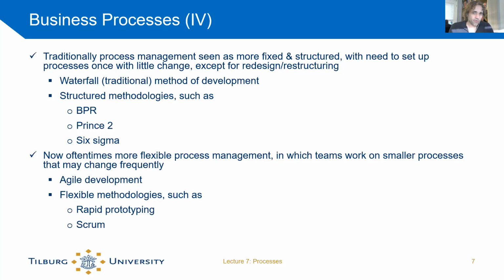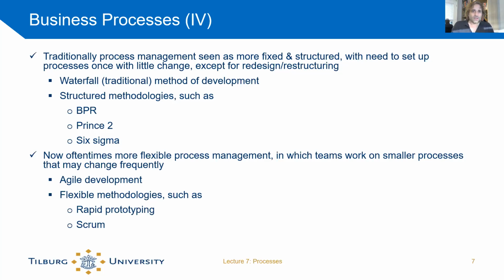What you now see more oftentimes when people work on process management, if you look at how organizations currently function, is that people usually work in more rapidly evolving teams. So people work on a project, or they work on several projects at the same time. And once they're done with one project, they go to another team or work on another project. So you see that processes in organizations are more flexible, and they develop more quickly.